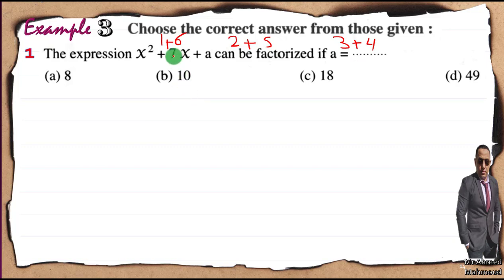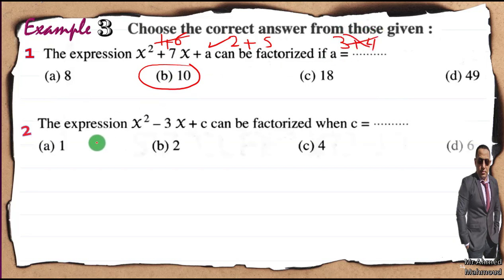The sum of the two numbers is 7 and their product is a. So 1 times 6 equals 6; I don't have 6 here, so it doesn't exist. 2 times 5 equals 10; I have 10 here. 3 times 4 equals 12; I don't have 12 here, so the choice is 10.